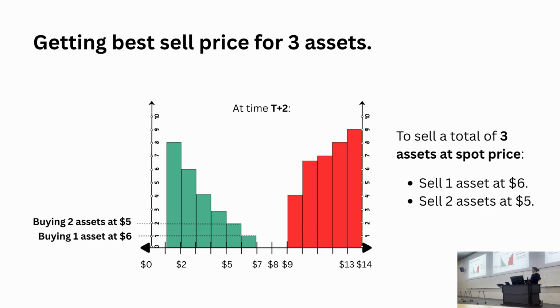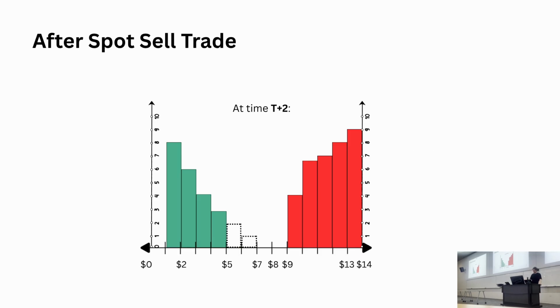Yeah, and what is it? 16 divided by 3. Exactly, it's $5.3. That's your effective price of your sell. All right, super simple. This is the state of the order book after your market sell trade. And as you can see, the spread again increased. The difference between the best buy and best sell increased.